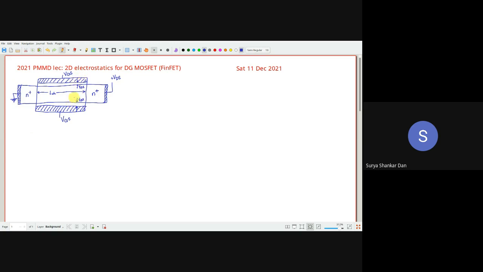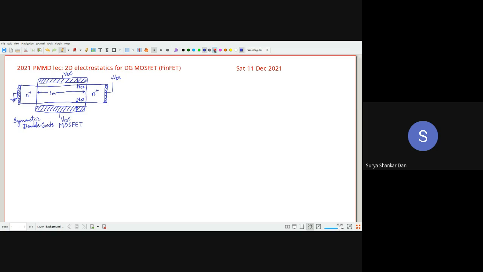Let us begin by understanding one thing, that since this is a symmetric double gate MOSFET, keeping it symmetric makes things easier because the gate potentials are the same and the whole scenario is much simpler.